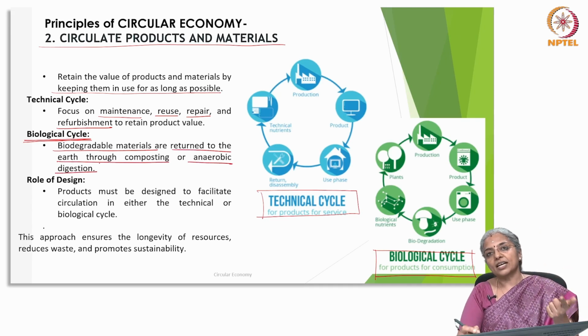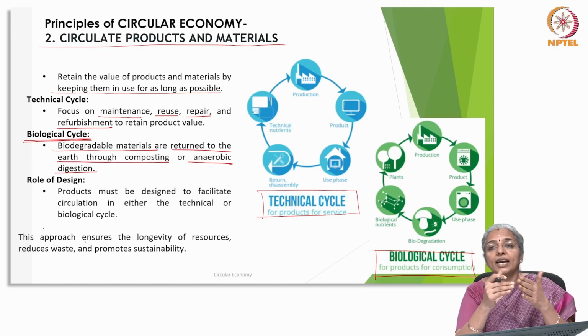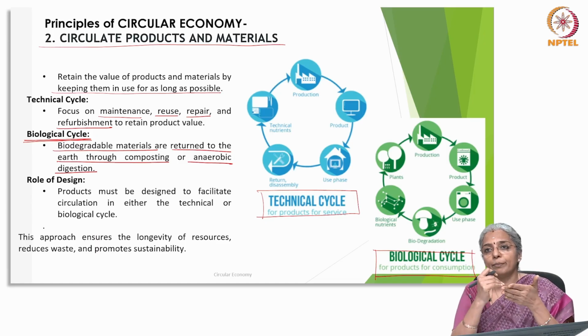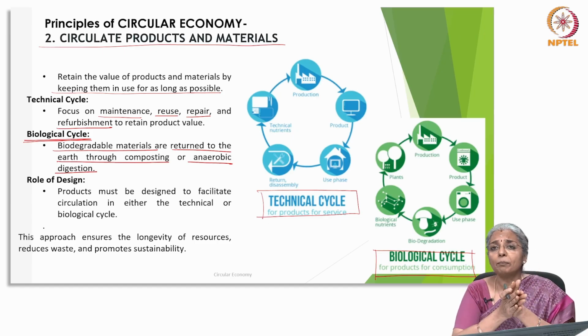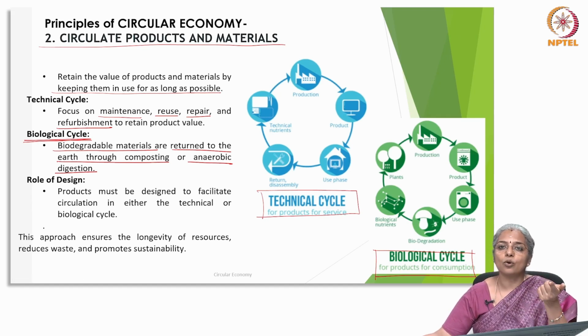There is an important role of design where we can retain the value of the product and material by keeping them in use for as long as possible. We can prevent waste by all these methods: reusing, repairing, remanufacturing, recycling and so on. So, the focus in a technical cycle is only maintenance, whereas in a biological cycle it again goes back to earth.